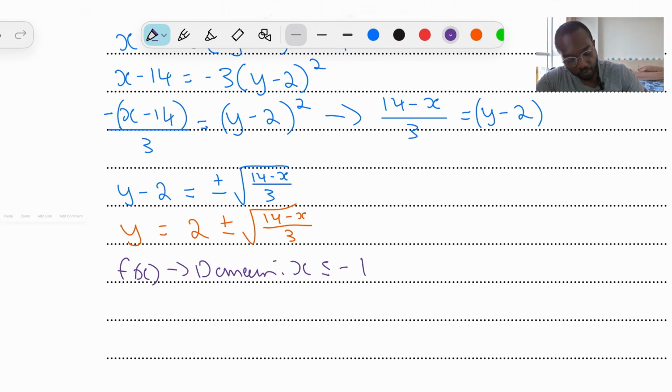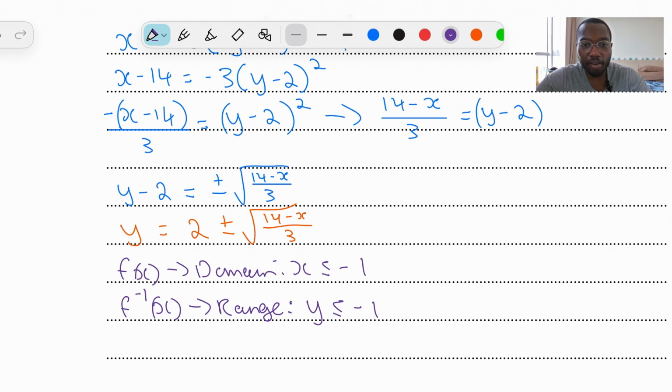We know that for the inverse, the range, let's say y, or f inverse of x, has to be less than or equal to minus 1, okay? Remember, the domain of f of x is the same as the range of the inverse of f of x, and the range of f of x is the same as the domain of the inverse.